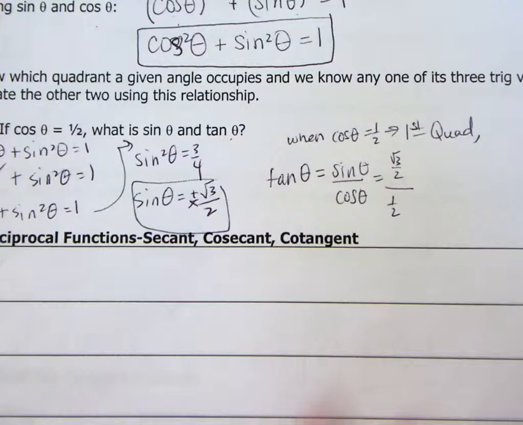Our reciprocal function for cosine is secant. Its abbreviation is SEC. And then, of course, our easy one is reciprocal of tangent is cotangent. And its abbreviation is COT.